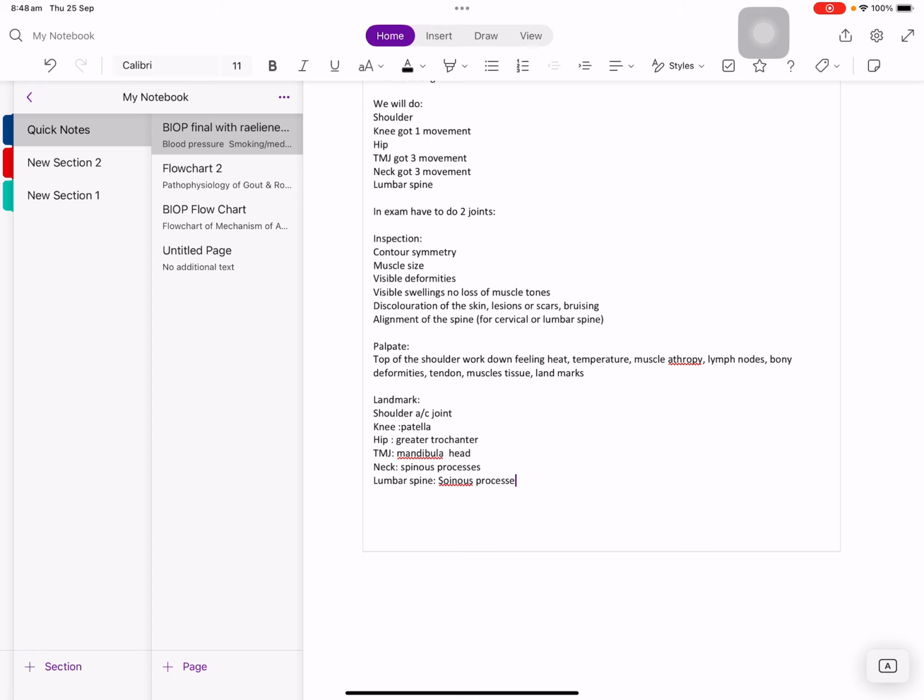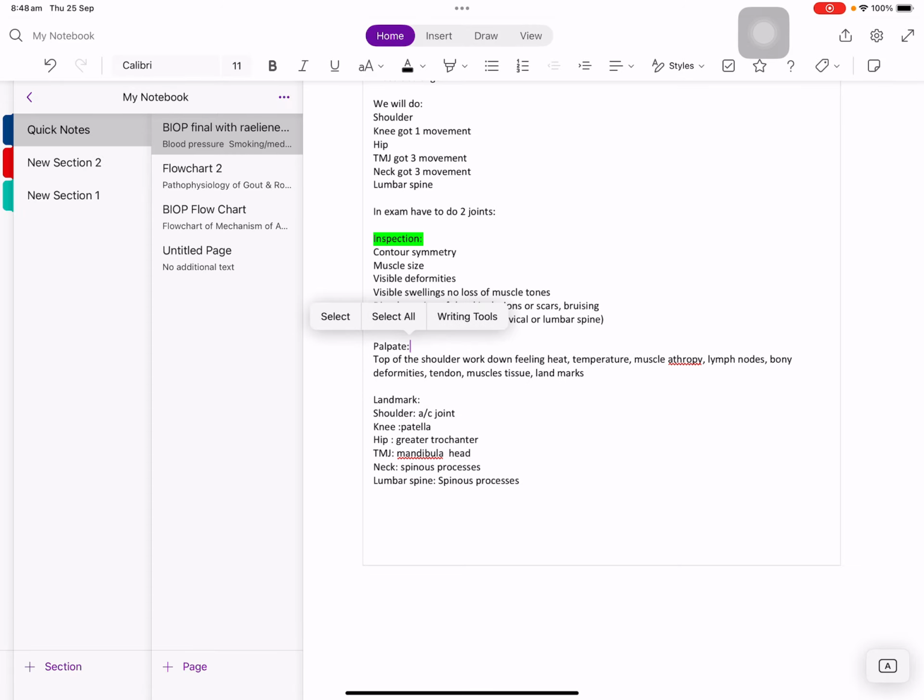Alright, so the spinous processes are these. So these are the spinous processes here, right? So there's the bony landmarks, and these ones down here, those ones that look like the back of the Brachiosaurus. Alright?